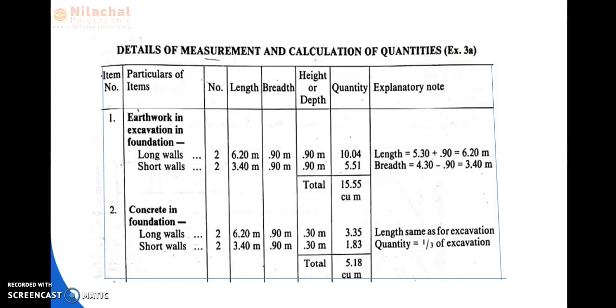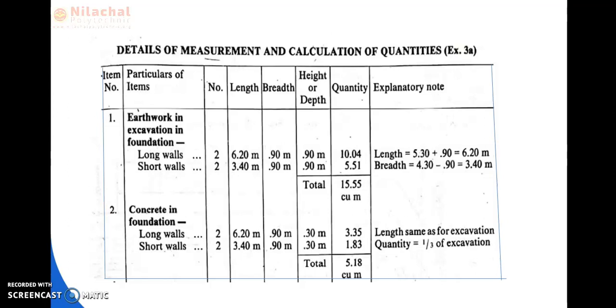So the length is also equal. The only difference between the excavation and concrete foundation is that the height is changed, because the excavation height we consider from the bottom of the foundation to the ground level, but for the concrete in foundation height we consider the specified thickness of the concrete lying below the foundation.